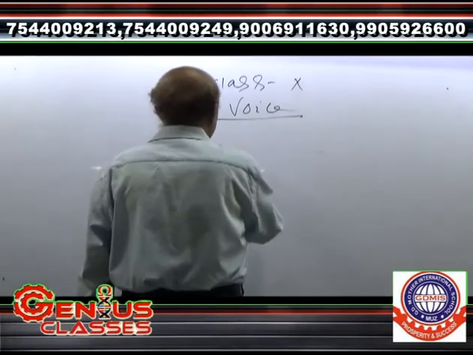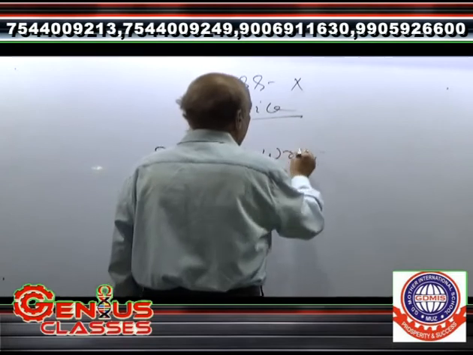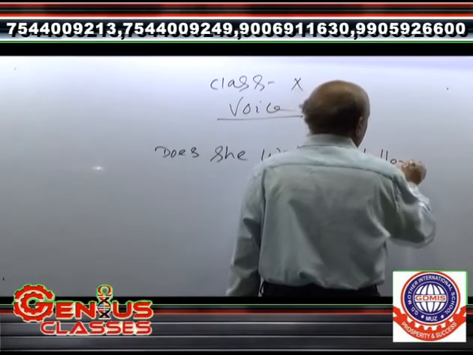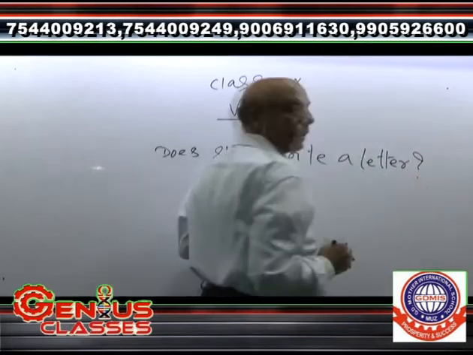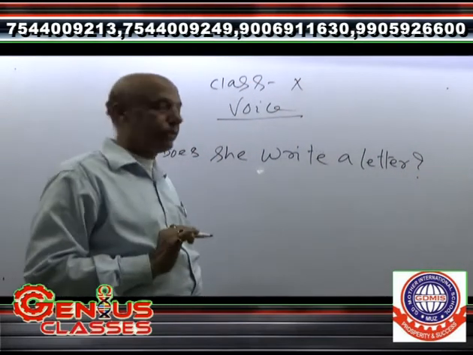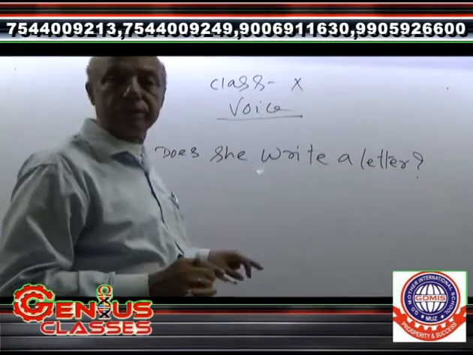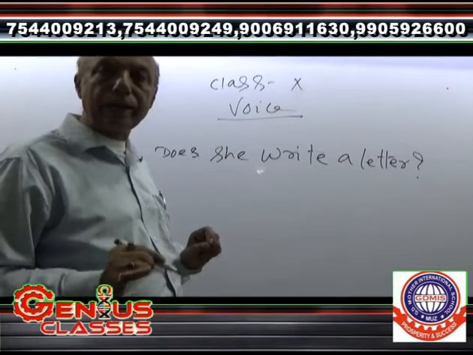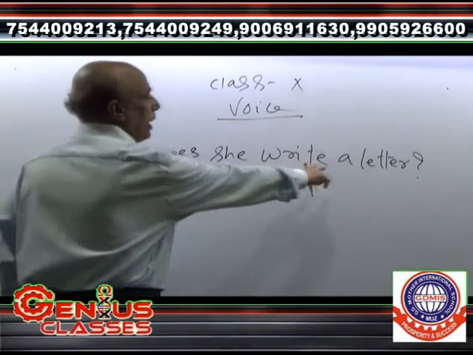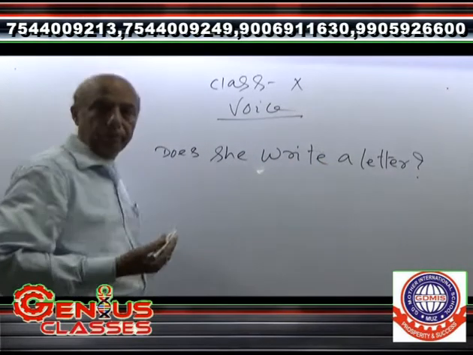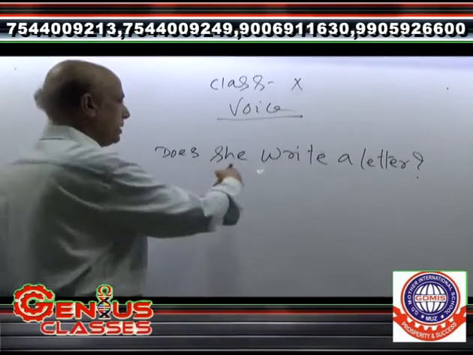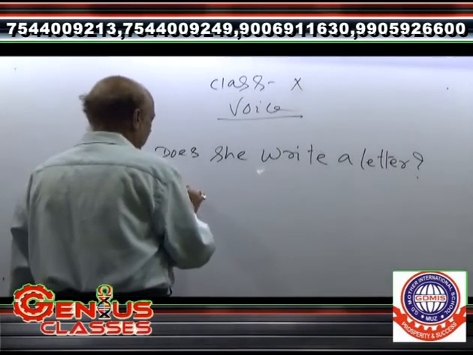Does she write a letter? It is an interrogative sentence. It is in the simple present. It is an interrogative of the simple present, but the third person: she writes a letter. We have to first of all change it into assertive.